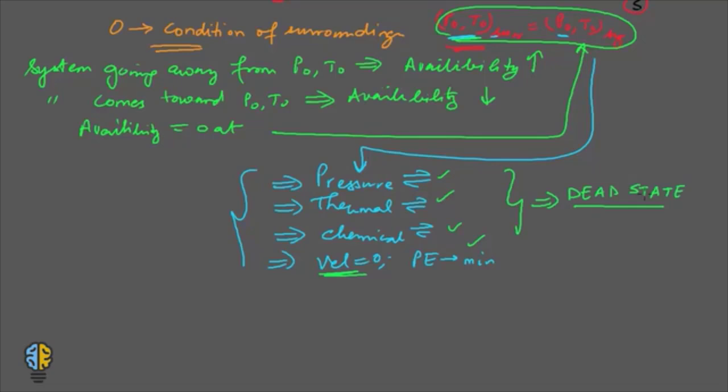Any deviation or any change in the state of a system from the dead state is a measure of the available work.